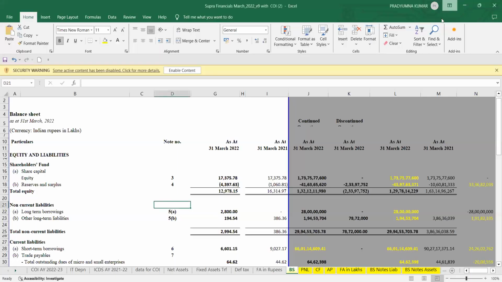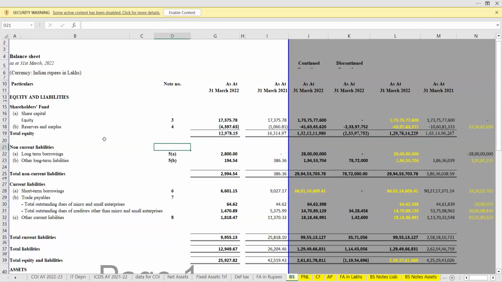Okay, now I will share this with you. It is open. You see here, this is the balance sheet.